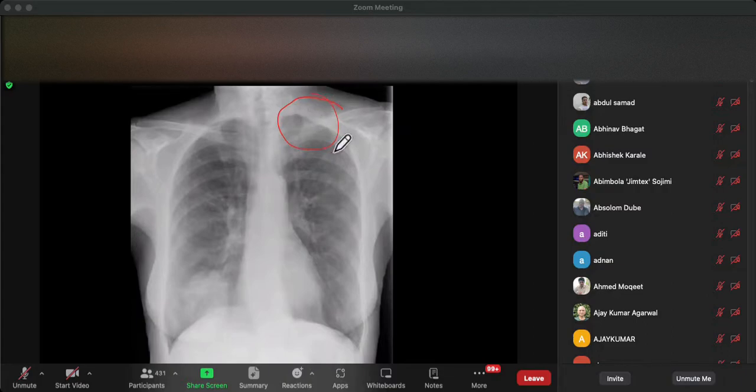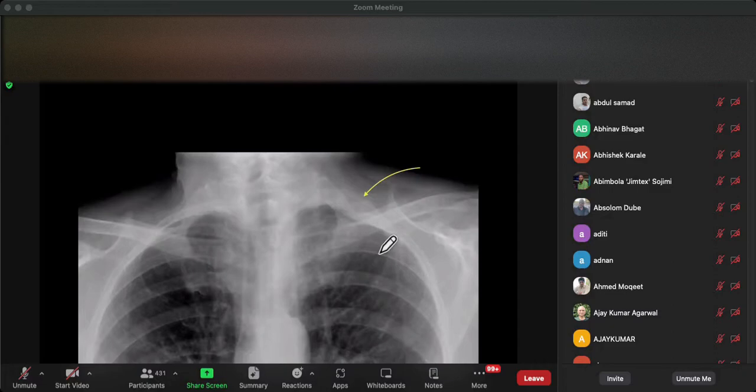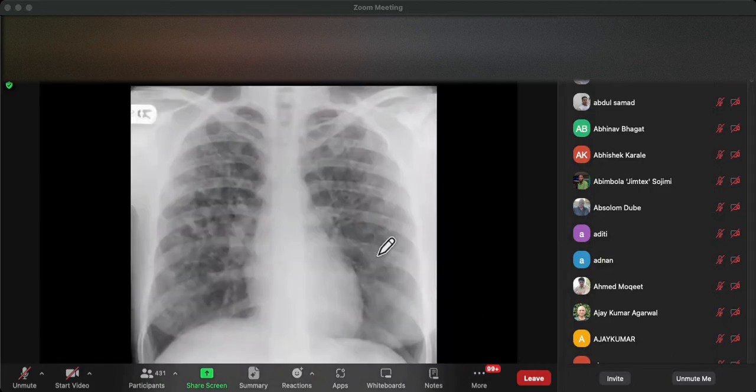Second rib, let's have a closer look at that. And you can see that the rib has been destroyed. There's a soft tissue mass in association with this bony destruction. So this is a right lower lobe carcinoma with rib destruction involving the left second rib. Okay, what have we got here?